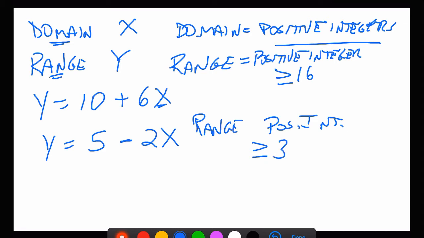And you could be more specific. Sorry, I'm an evil person. The range is not positive integers. I screwed that up.